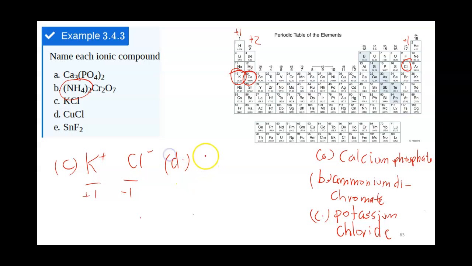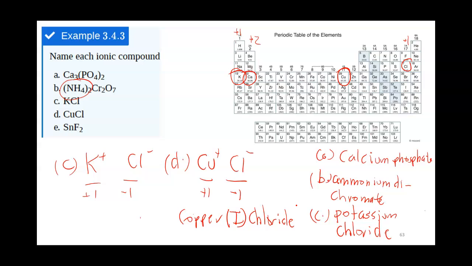Now, the next one is a little bit more mysterious. Copper's in a B group there. It's not a fixed charged cation. Chlorine is still in 7A, so it's going to be -1. So that must mean that the copper has to be +1. So we're going to write this as copper, and because it's not fixed charge, we have to specify the charge, copper 1 chloride.